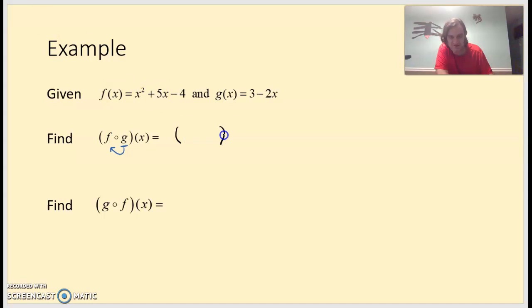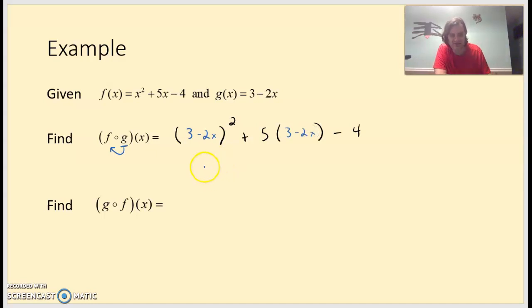So I'm going to put a parentheses there with a square as a placeholder, plus 5 times a parentheses for a placeholder, minus 4. So f has more than one x in it, so each one of those is a placeholder for an input variable. And what we're going to place in there is g, which is 3 minus 2x.